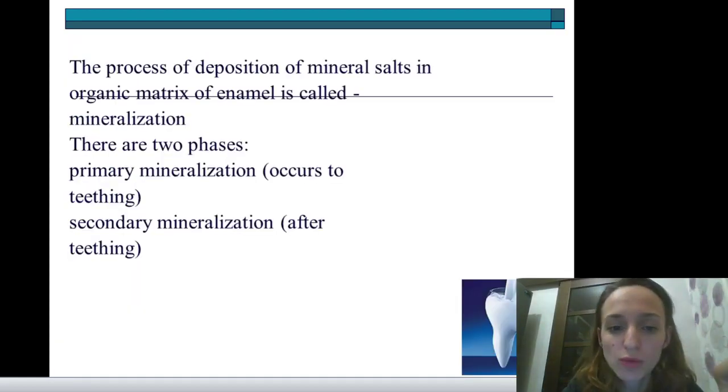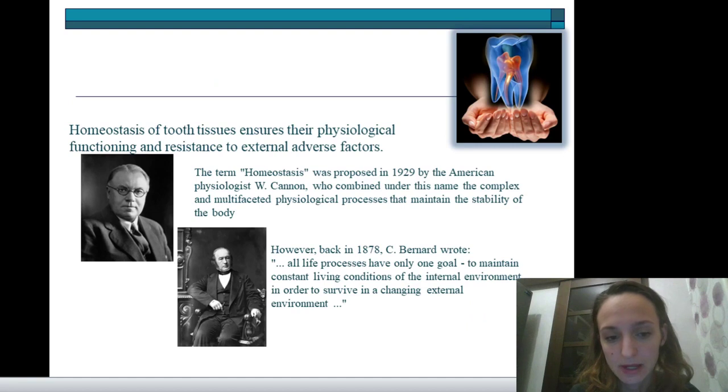The process of deposition of mineral salts in the organic matrix of enamel is called mineralization. There are two phases. The first phase is primary mineralization, and the second is after the eruption of teeth. And some historical information about homeostasis of tooth tissues.